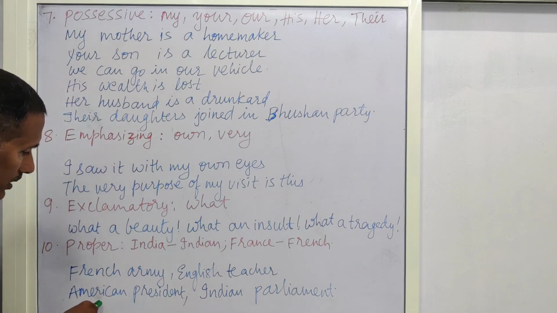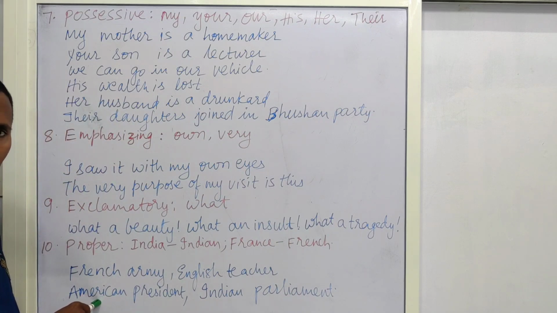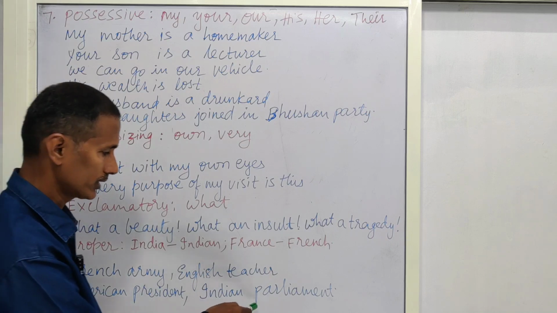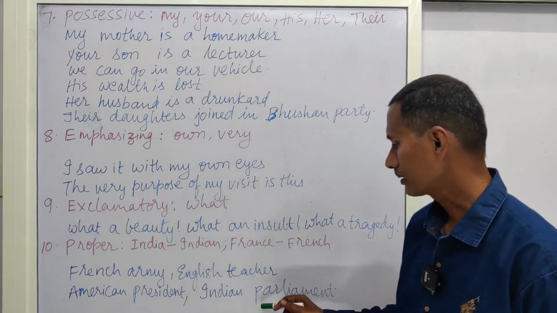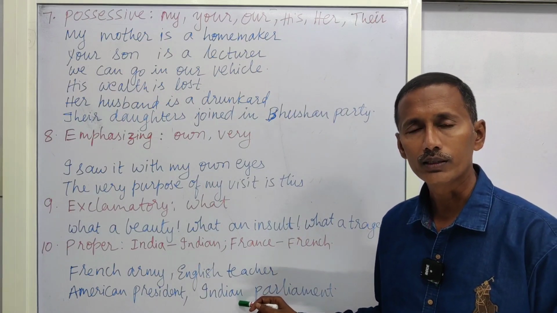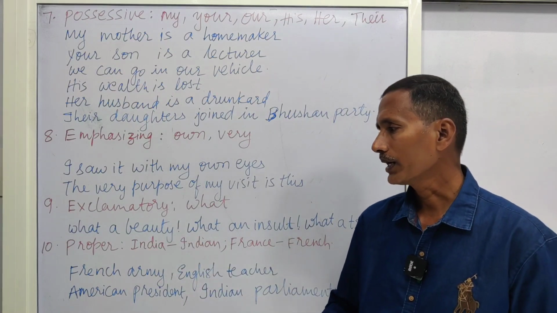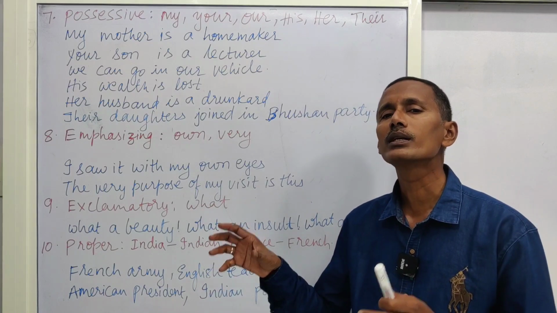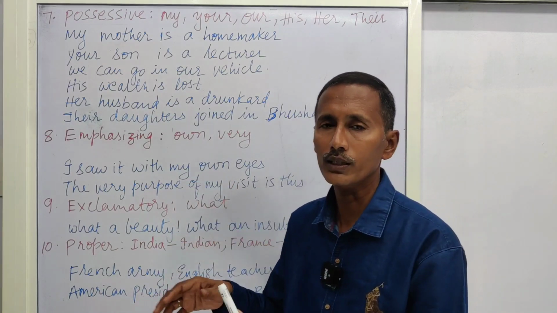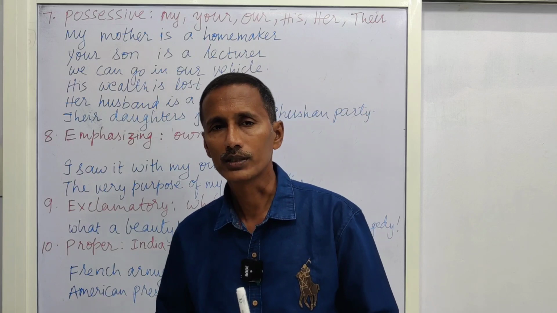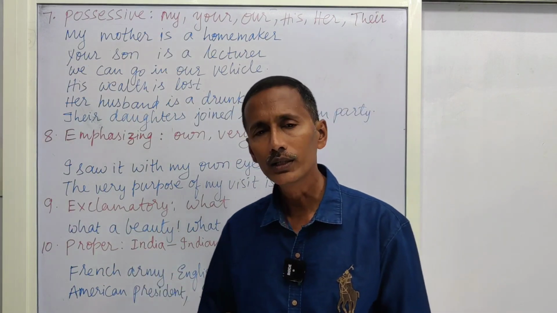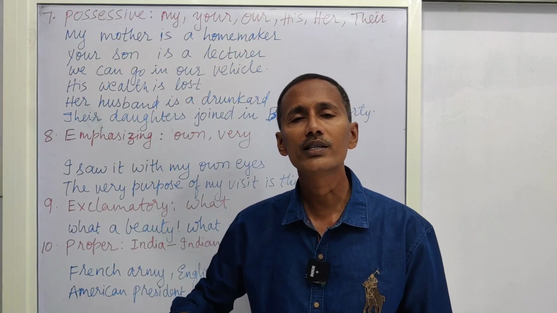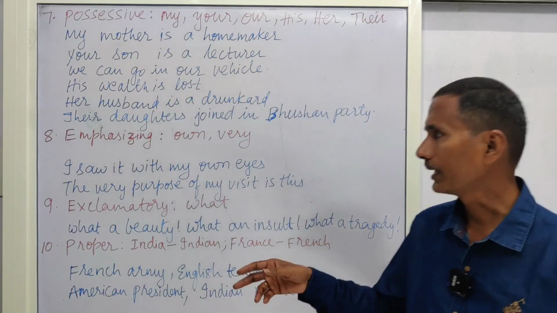American president. Which president? American. So this is a proper adjective. And Indian parliament. Which parliament? Indian parliament. So this is called a proper adjective because the name given only to that particular thing, person or country is called a proper noun, and the word derived from a proper noun is called a proper adjective.